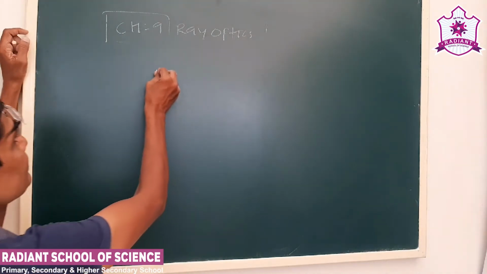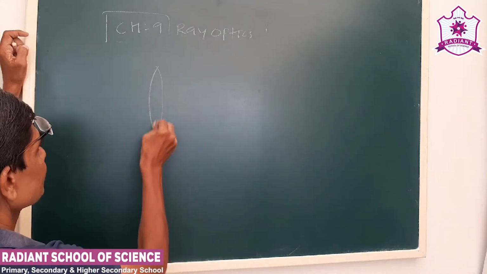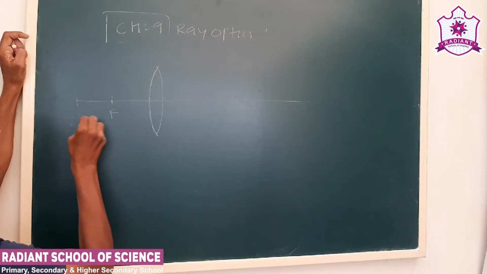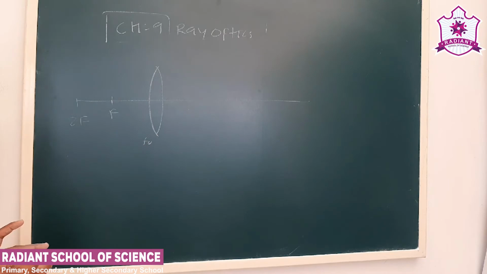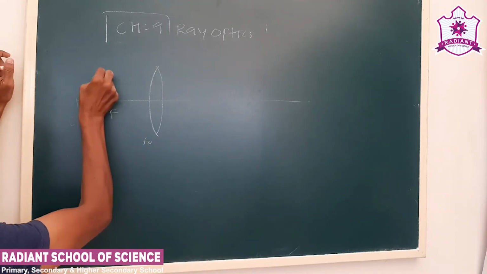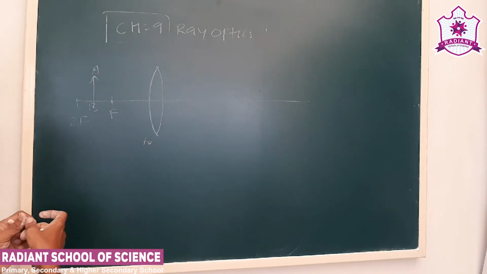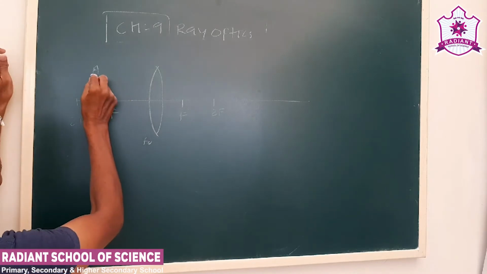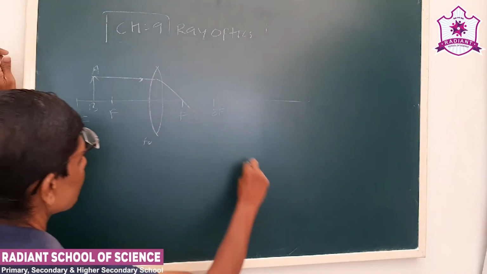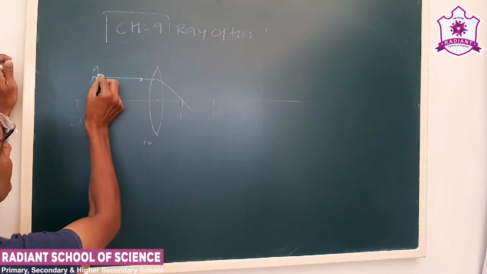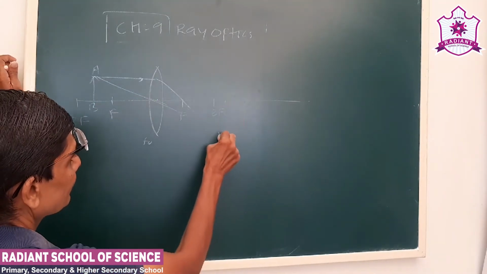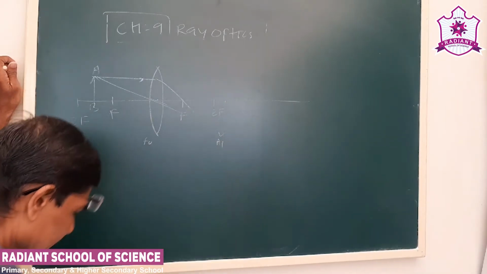Now F and 2F, see, this is F0. As I told, when the object AB is placed between F and 2F, the first ray goes parallel and the second ray will pass through the optical center, so you will get the larger image, that is A1 B1.